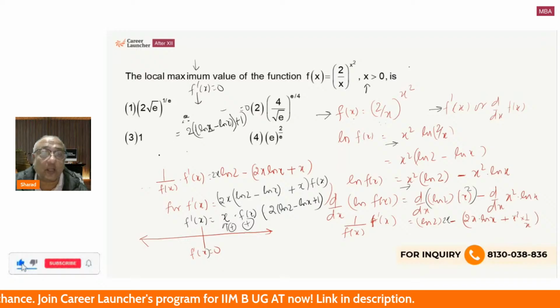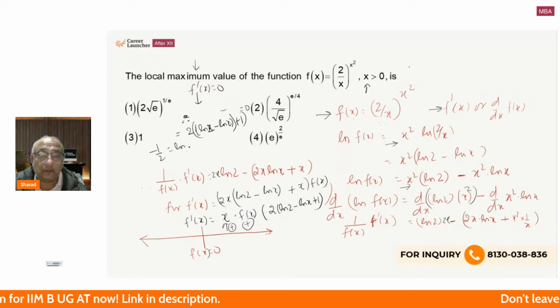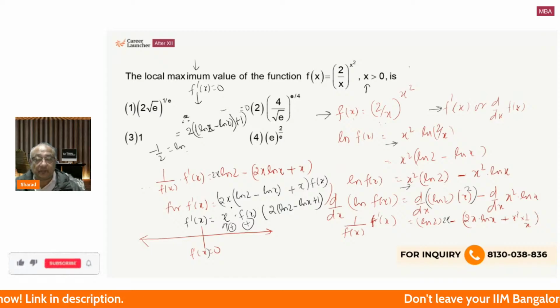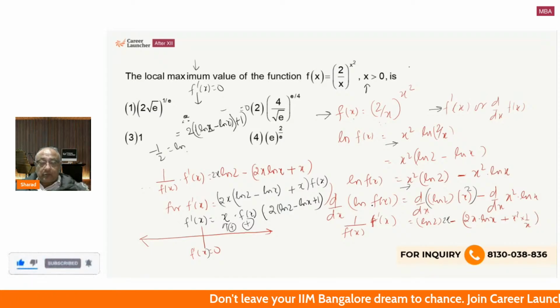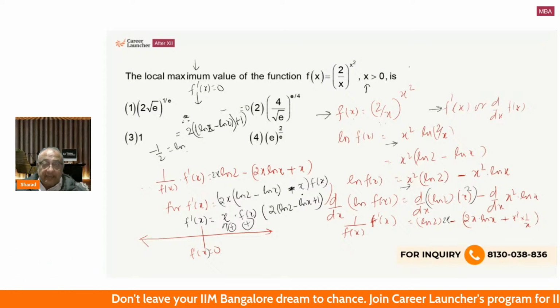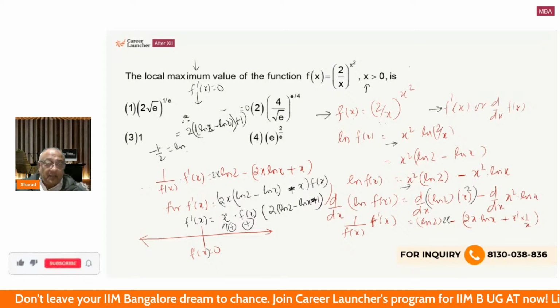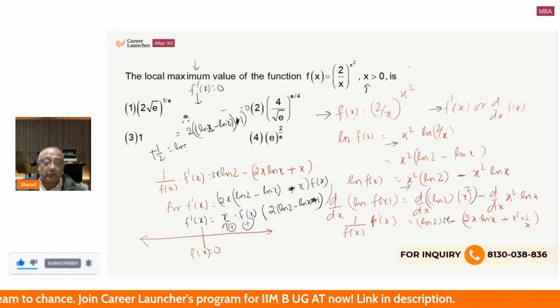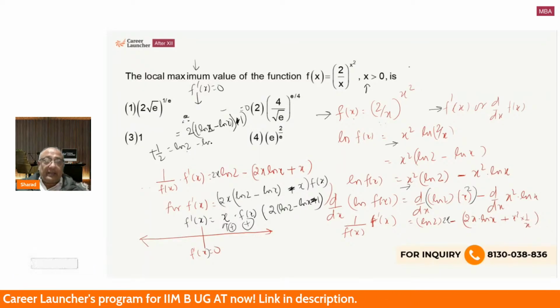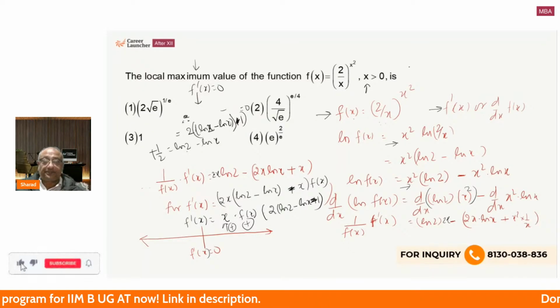So we'll solve it. I'll get minus 1 by 2, right? Over here, just from here you solve it. This is plus 1. This is equal to 2 ln 2 minus ln x. So this is minus 1. So this will be minus 1.